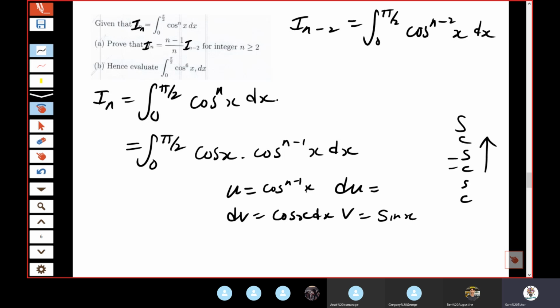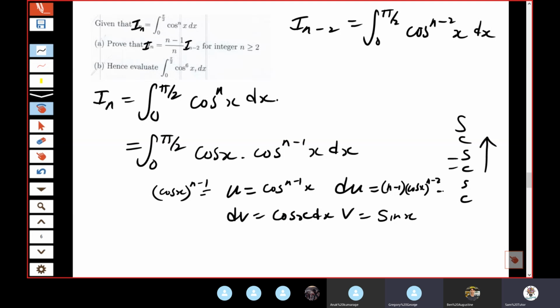Who wants to give it a shot to differentiate this? It's just chain rule. So differentiate cos x to the power of n minus 1. Come on, who wants to give it a go? Yeah: n minus 1, brackets cos x to the power of n minus 2.